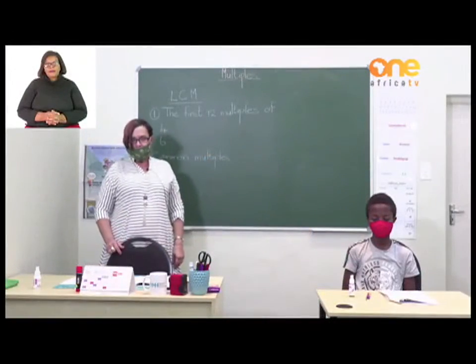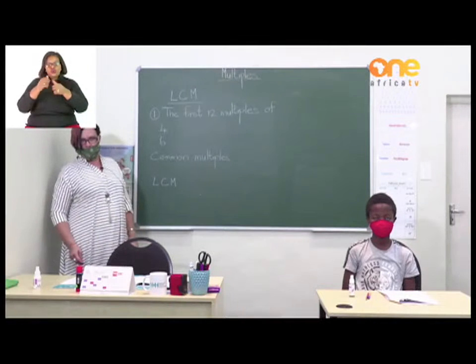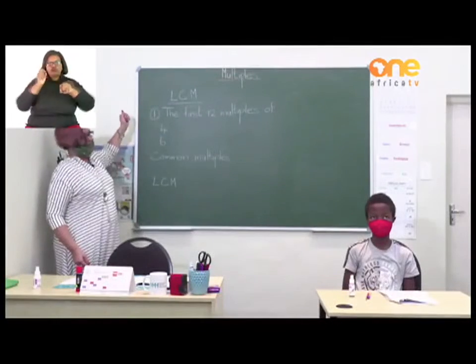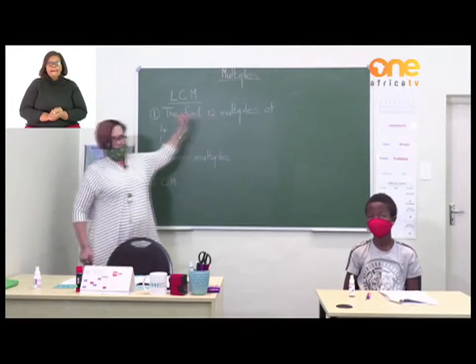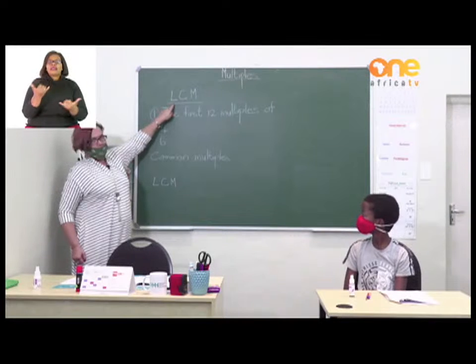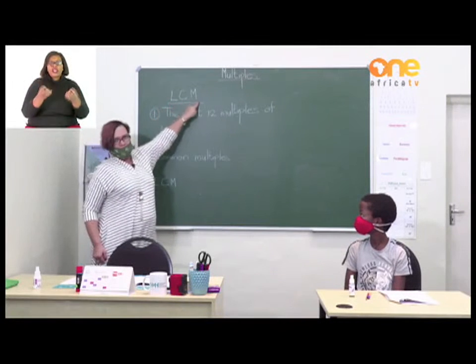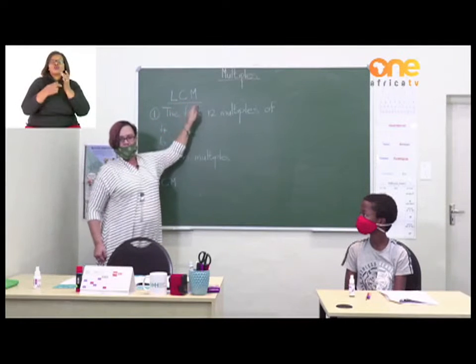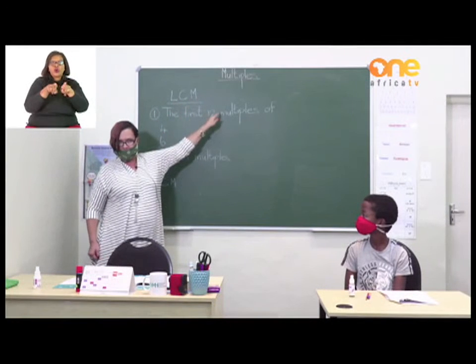We're moving on to page 14. What we have on page 14 are some examples which I want to explain on the board for you. What do we have there? We have to find the LCM, and the LCM, like we said, is the lowest common multiple.